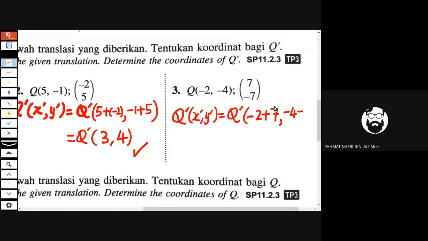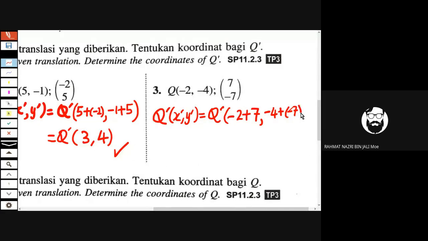Ini saya terus plus with tulis je lah, nanti confuse. -7. Okay, ini dapat berapa? 5. Ini dapat -11.